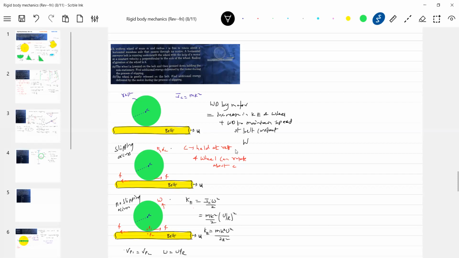So this work done, there's a part A we are discussing. So this should be equal to how much here? KE, I'll write it. What about the other part? Should also be KE. So 2KE.